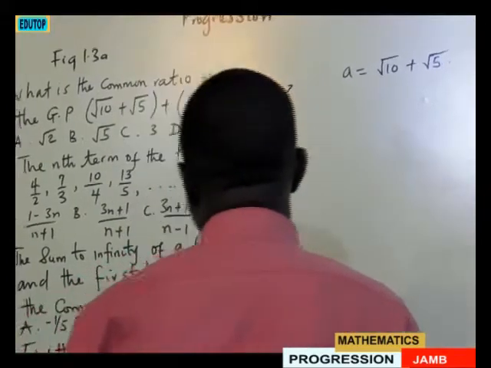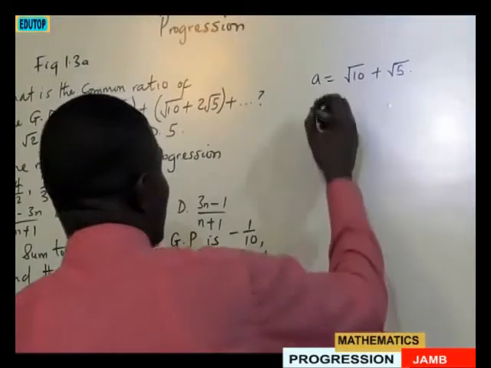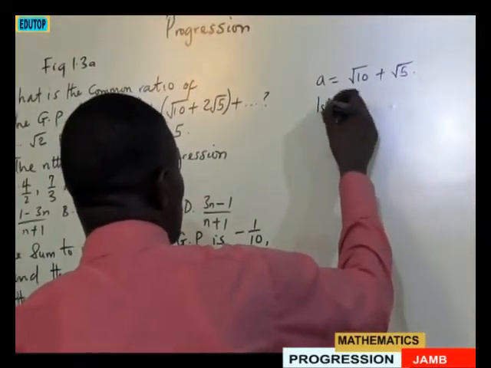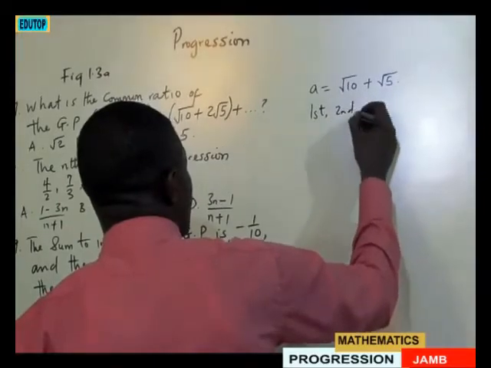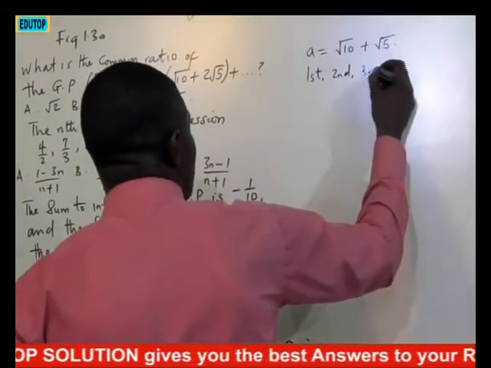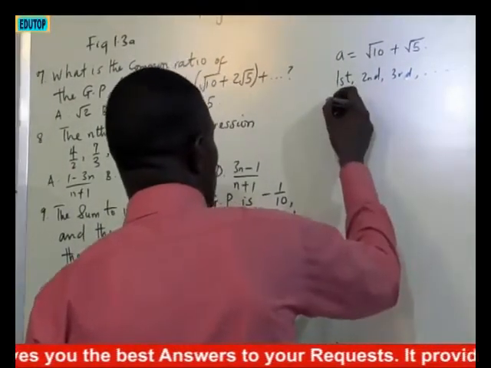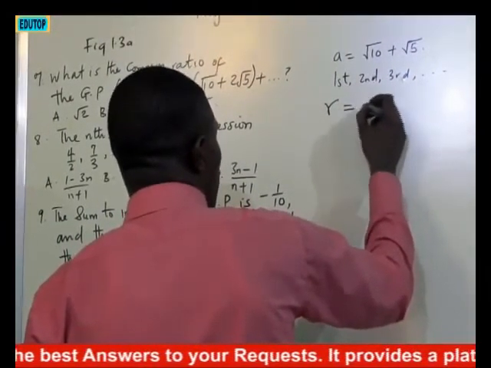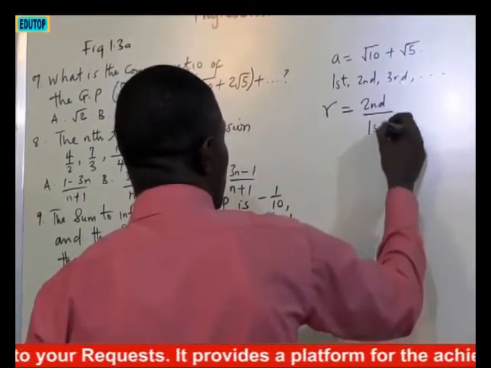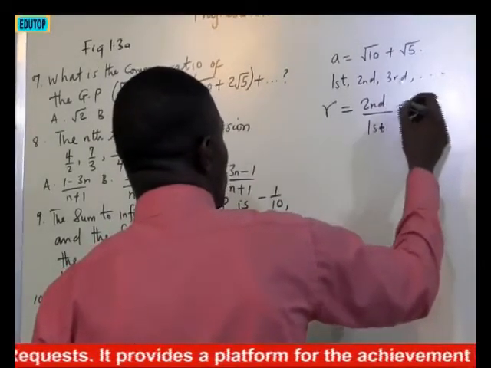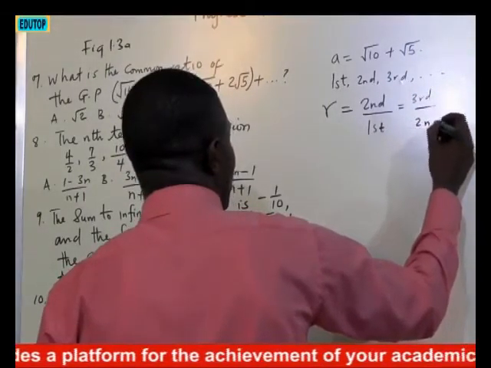The question asks us to determine the common ratio, and knowing fully well that if the first term, second term, third term are in GP, the common ratio R will be equal to the second term divided by the first term, which is equal to the third term divided by the second term.